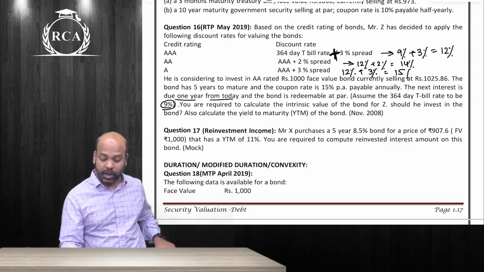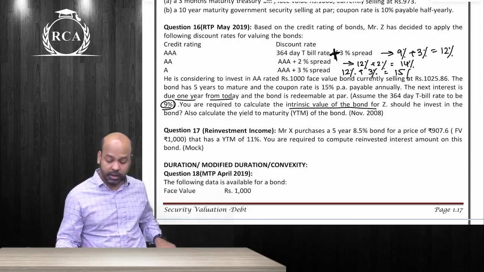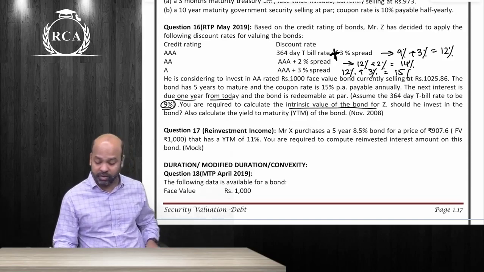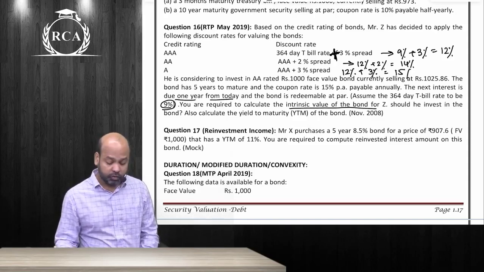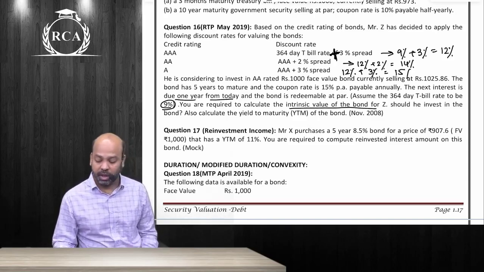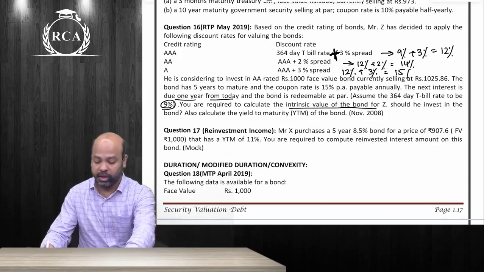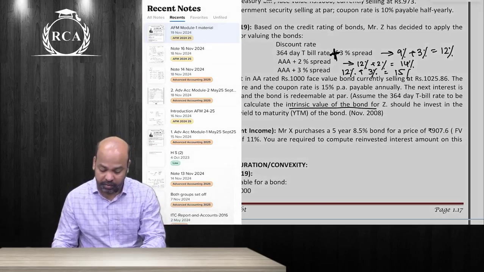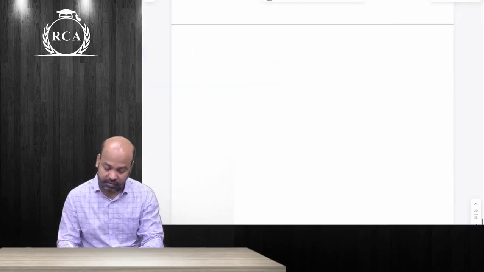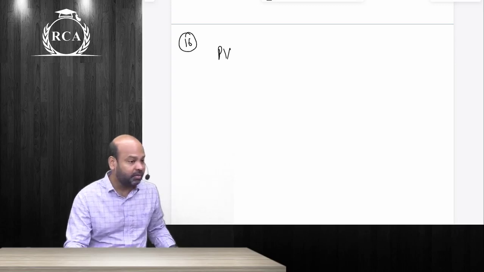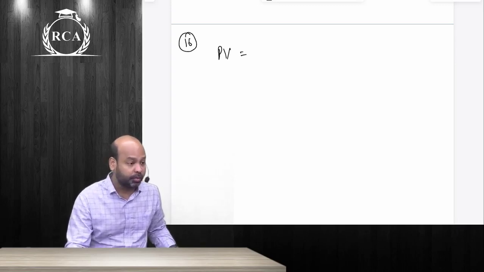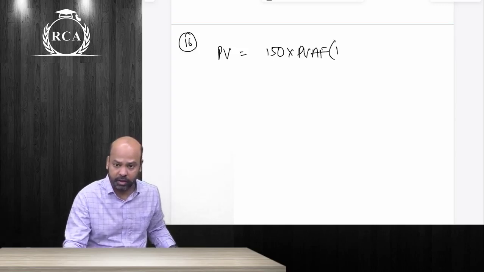You're required to calculate the intrinsic value of this bond and then determine whether we should invest in this bond or not. So you're supposed to discount all the cash flows at a required rate of 14%. What is your coupon rate? 15%. So your cash flow is 150 every year. The present value, that is the intrinsic value of the bond, will be 150 rupees multiplied by the present value annuity factor at 14% for how many years? 5 years.